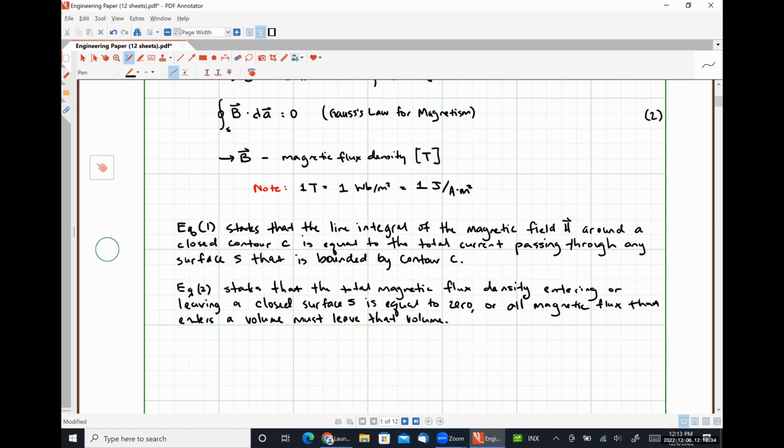Written out, this probably doesn't make a whole lot more sense than the mathematical gibberish I put up there either. So what we're going to do is look at a couple of different geometries of systems and see how we can apply these things to make these rules make some sense.